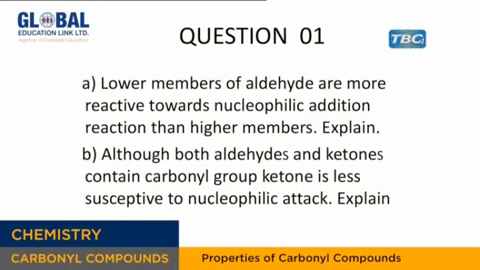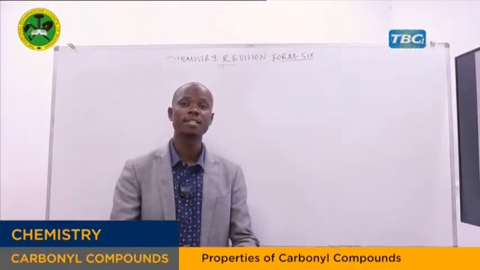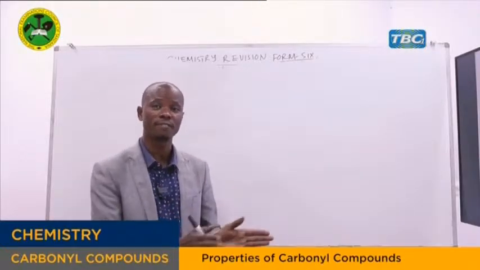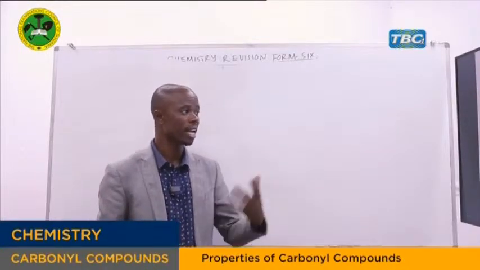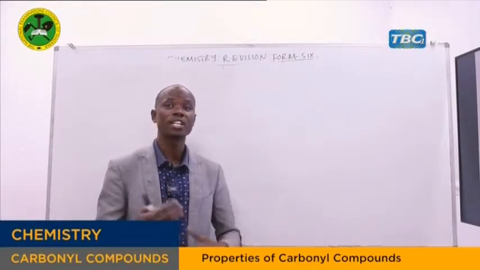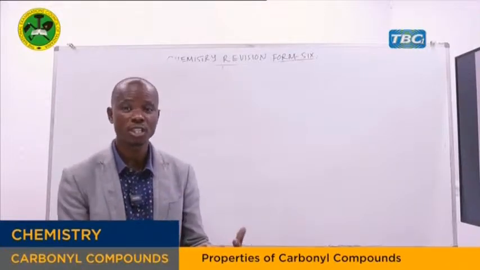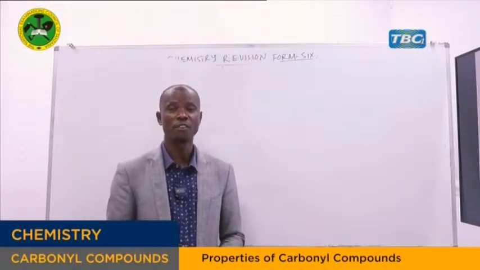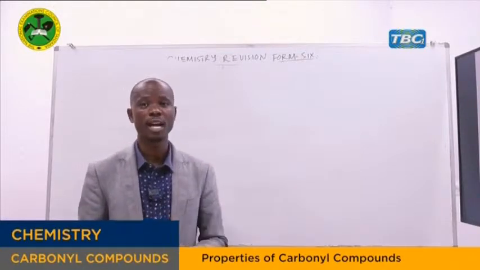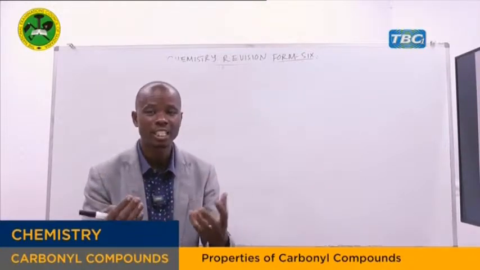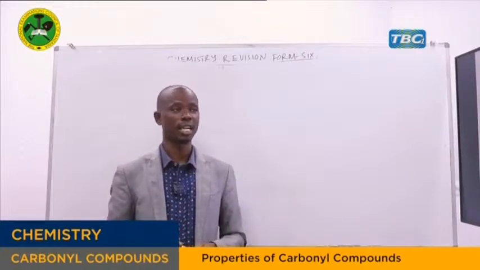Explain. My dear students, that first example requires the knowledge from the first part that I introduced. Lower members of aldehydes are more reactive, yes, because they experience less positive inductive effect. Therefore, the carbon which is positively polarized will be more likely to undergo nucleophilic addition reaction.